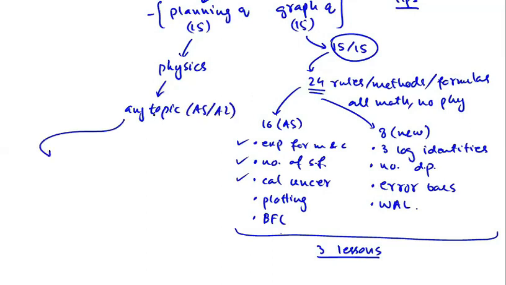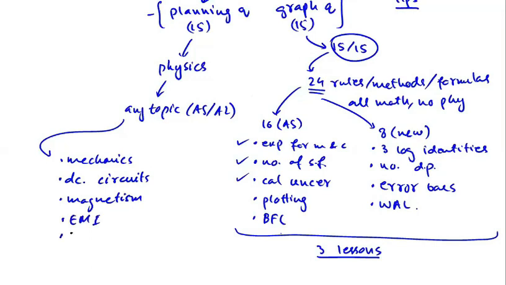And the common topics from which the planning question comes are mechanics, DC circuits, magnetism, EM induction, and alternating current. So students, we will be doing 1 planning question on mechanics, 2 on DC circuits, 1 on magnetism, 1 on EM induction, and 1 on AC current.